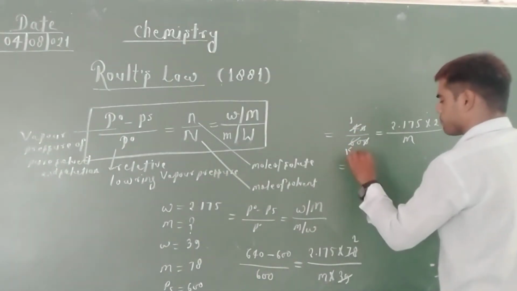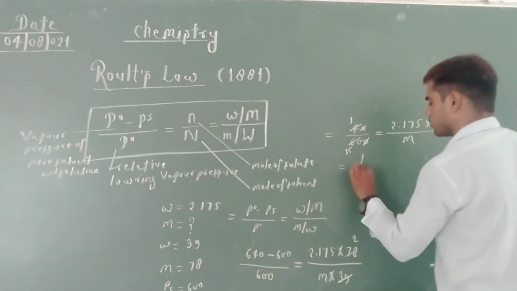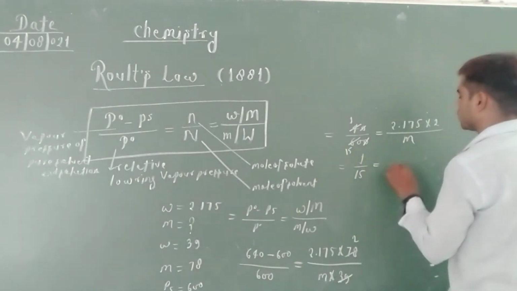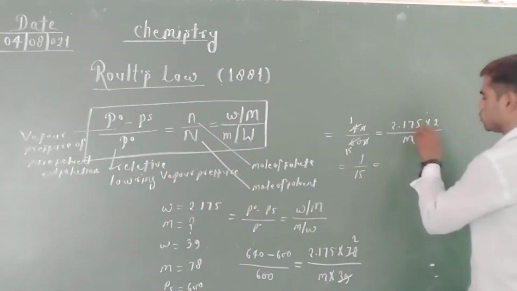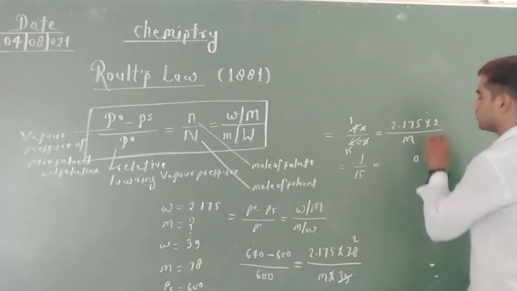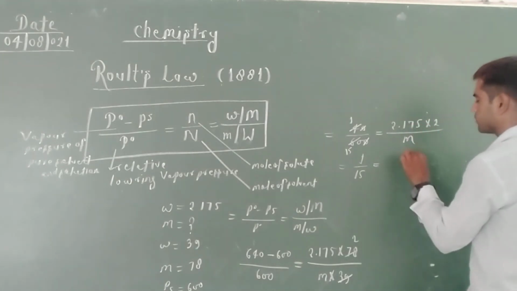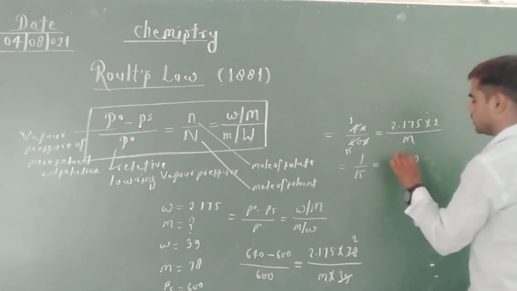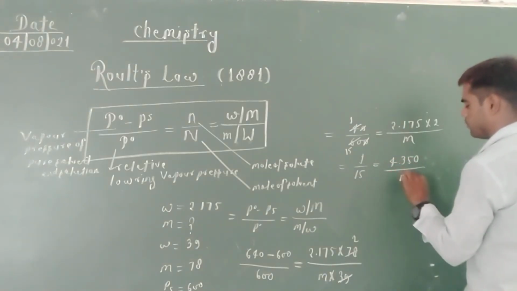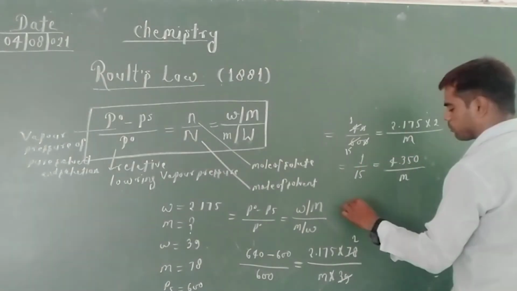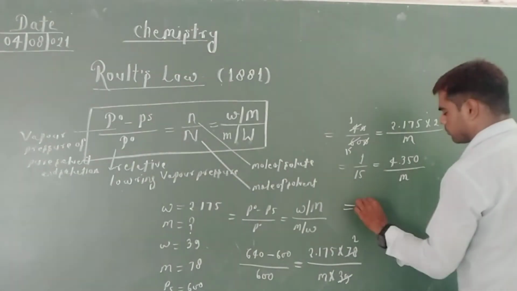Then it will be 1 upon 15 equal to 2.175 multiplied by 2, which is 4.350 upon m. Now we will cross multiply together, it will become m.